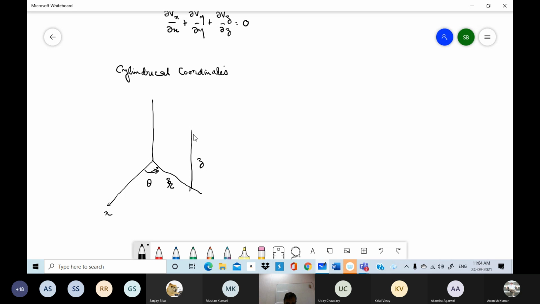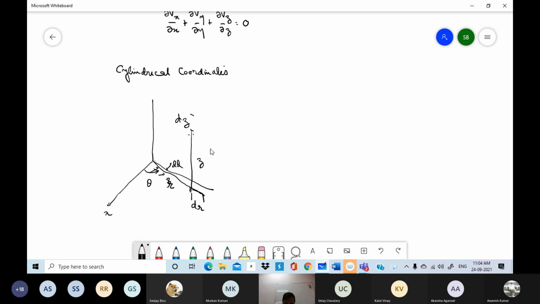If you go from r to r plus dr, it would be something like this. If you go from theta to theta plus d theta, that would mean moving away from this. This would be d theta. This would be dr. And from z to z plus dz would be dz.